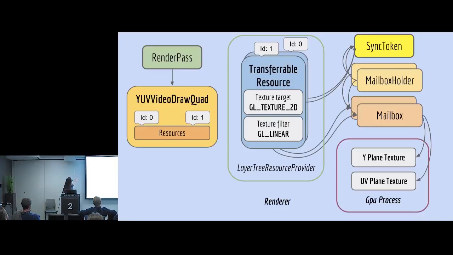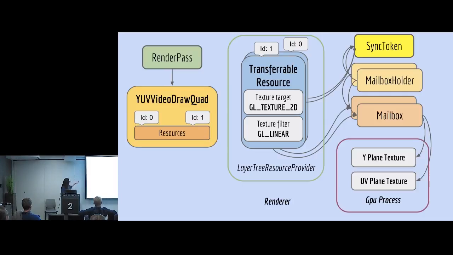So now we're going to try to paint. We've gotten this YUV video draw quad. So now we are going to try to paint this thing, but we're still referring to something that we don't know exactly the state of. We don't know if it's all already uploaded on the GPU or whatever it is. We're just referring to some conceptual thing that might have happened or not.